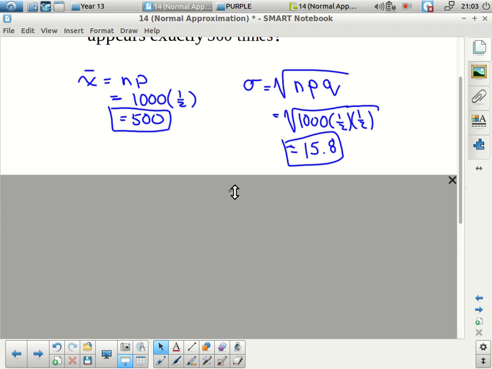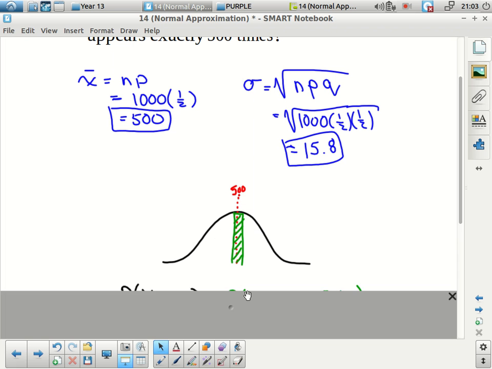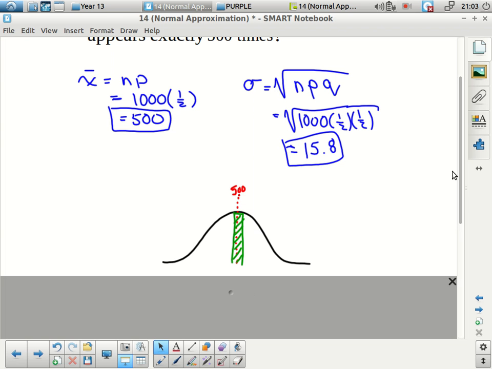Now for the conceptual part. Here's my rough sketch of the normal distribution. My target score is 500. But again, if I try to look this up in the z-score table, it's just going to tell me it's 50 because that's the lower half. So I create a little bar that goes on either side, between 499.5 and 500.5.